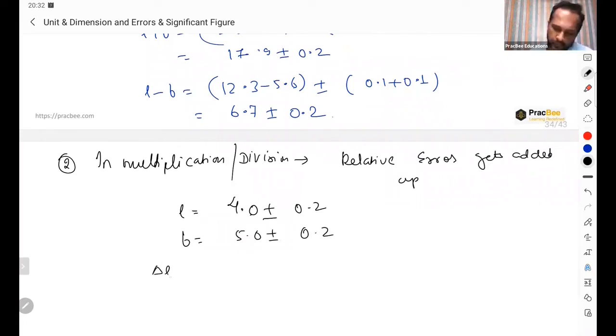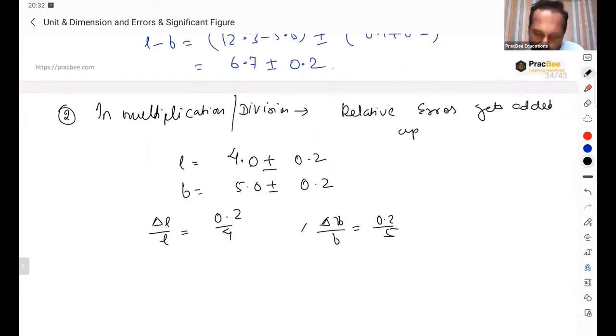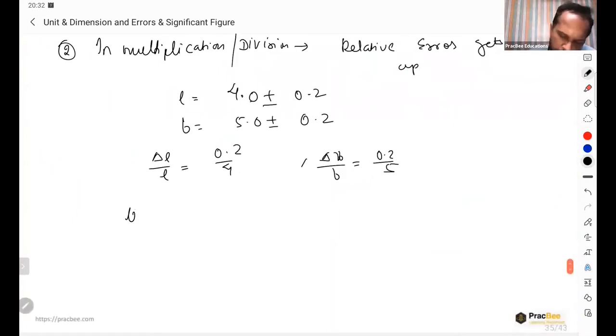So relative error delta L by L is 0.2 by 4 and delta B by B is 0.2 by 5, because error divided by true value is relative error. So if you multiply L into B, this will be 4 into 5 plus minus the sum of the relative errors.